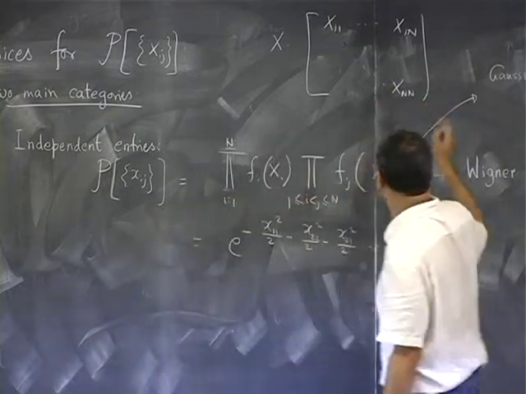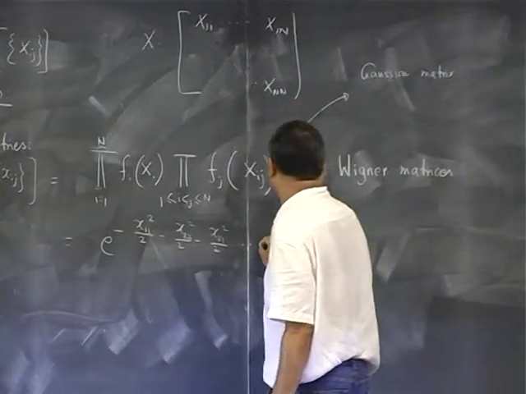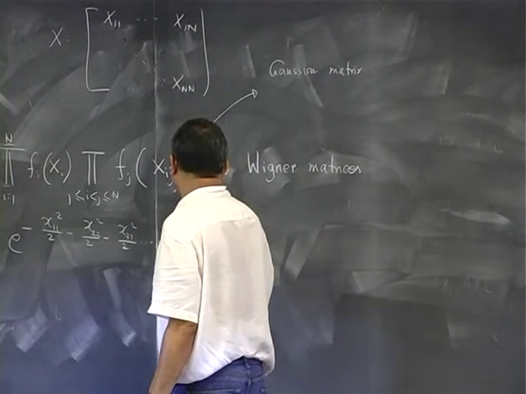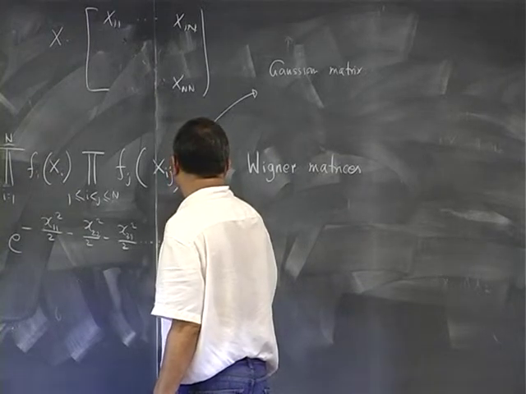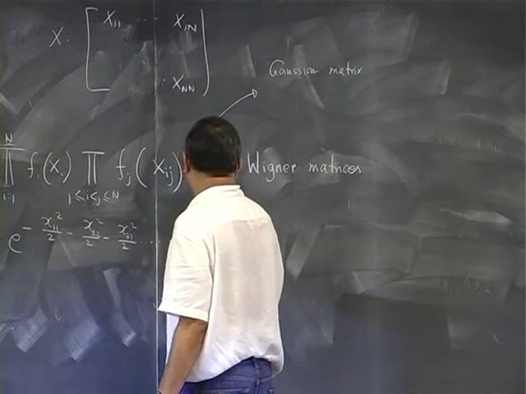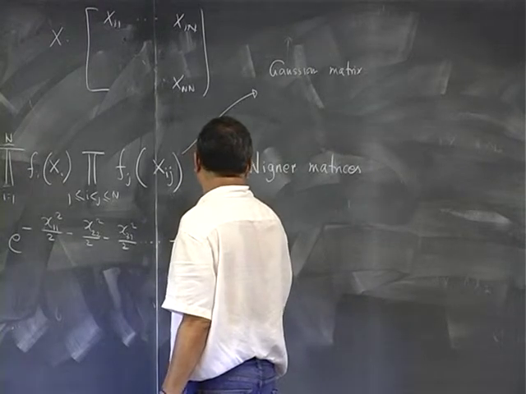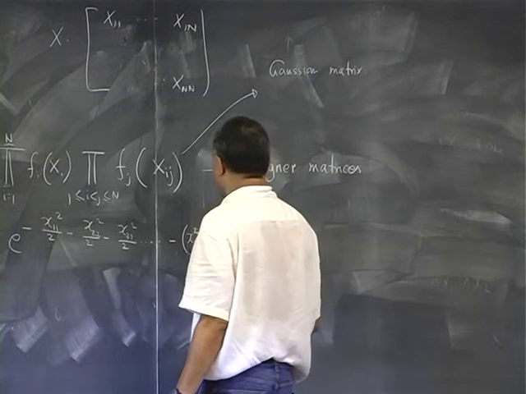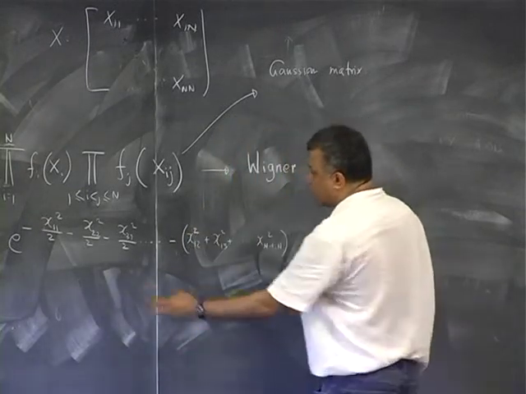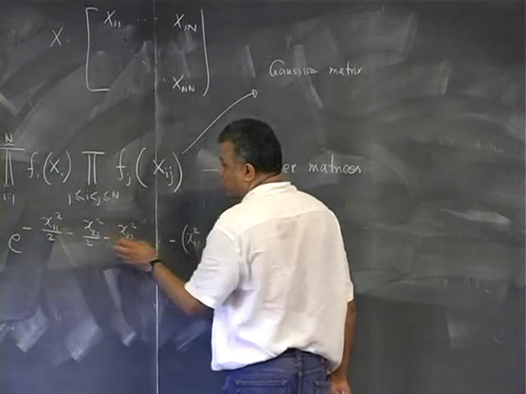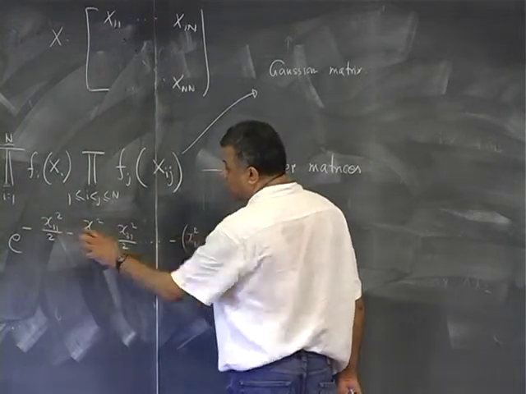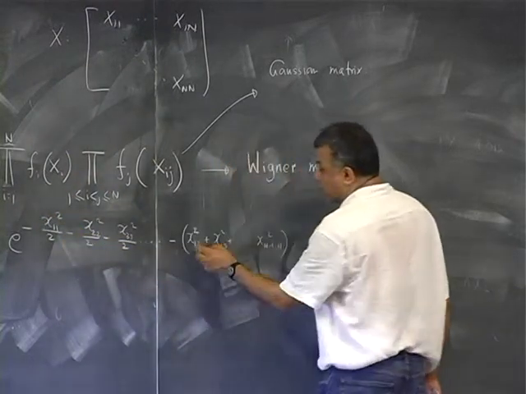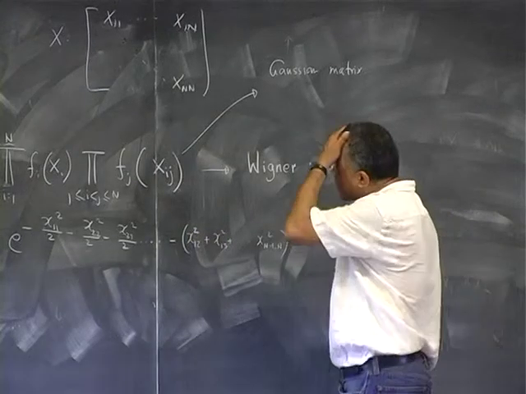And then for the off-diagonal elements, I can choose different ways, but suppose I make the choice to do something like this, which is x12 square plus x13 square plus whatever, up to x(n-1)n square. So Gaussian, of course, factorizes. Each guy I'm choosing Gaussian, and I chose deliberately in this form so that the variance of the diagonal element is 1, whereas the variance of the off-diagonal elements is just half.